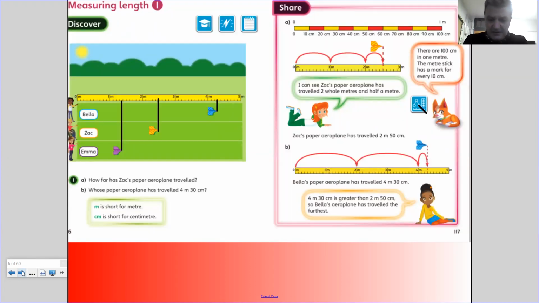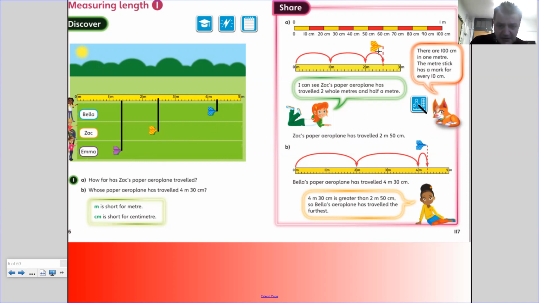This is my first slide. Let's have a look at question 1A: how far has Zach's paper aeroplane travelled? Can you see what Mr. Jones has done?